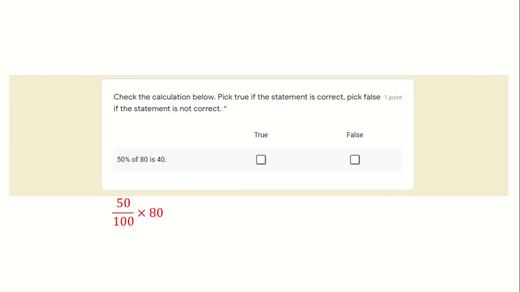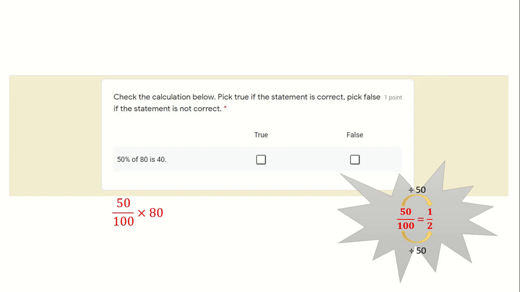The calculation is quite hard if you look at it like this, but do you still remember the information that tells us 50% equals a half, or a half equals 50 out of 100? So based on this, we can substitute 50 out of 100 with a half because it is equivalent, to make our calculation easier. 50% equals a half.